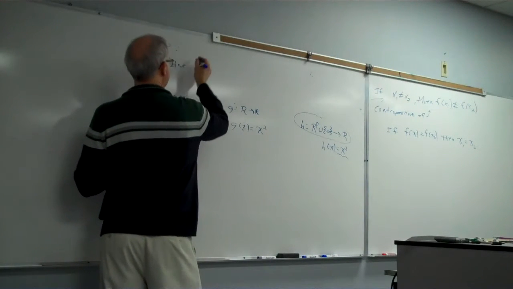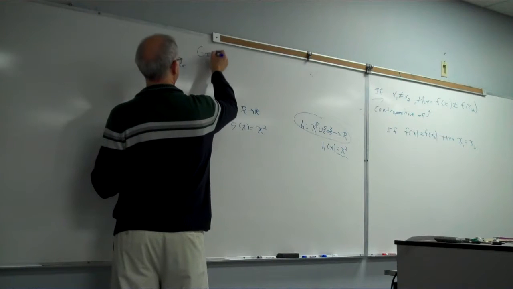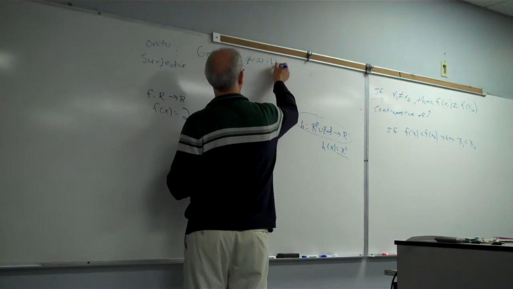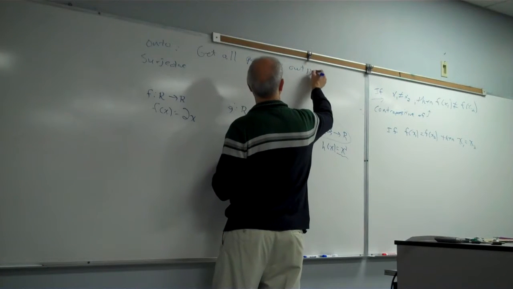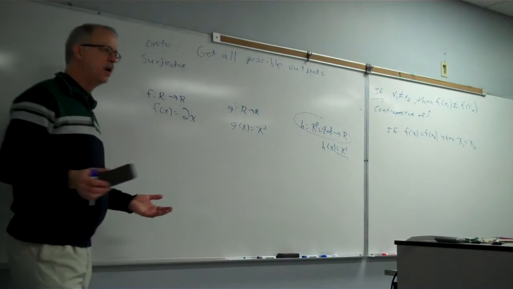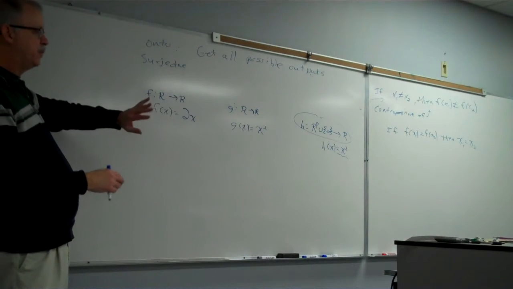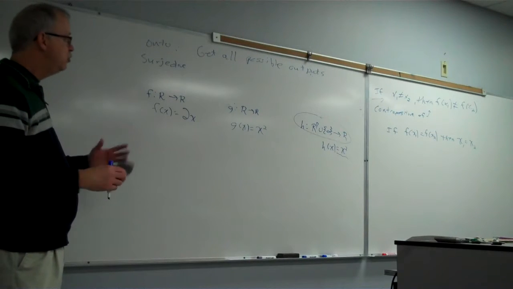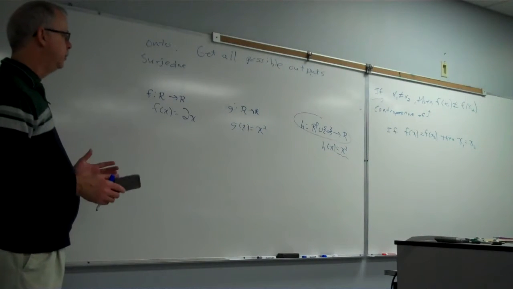Do we actually achieve all the outputs? As I mentioned with the gradebook function, I can use the grades A through F, but there's nothing that says I have to use them all. If I don't use them all, the function's not onto.